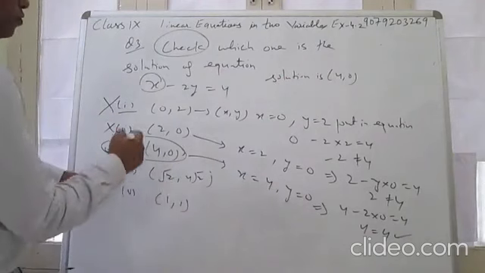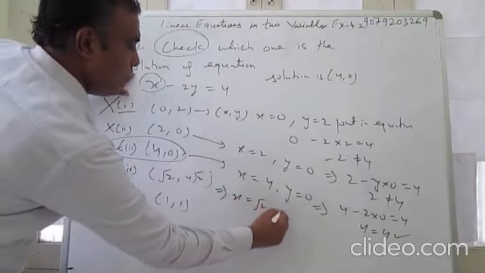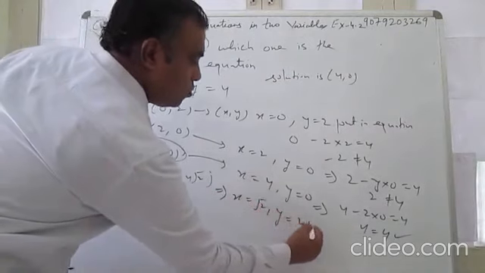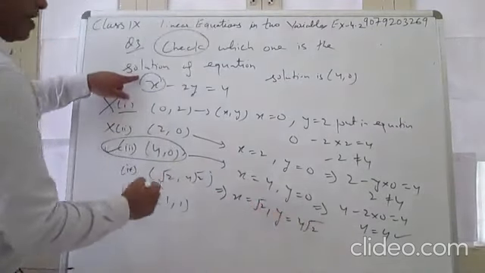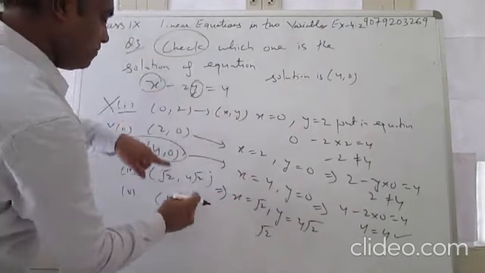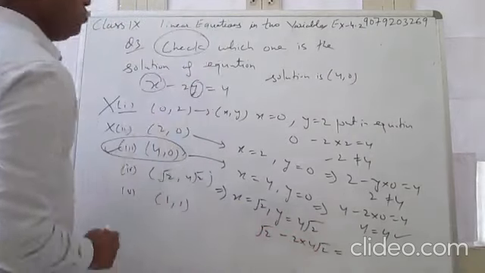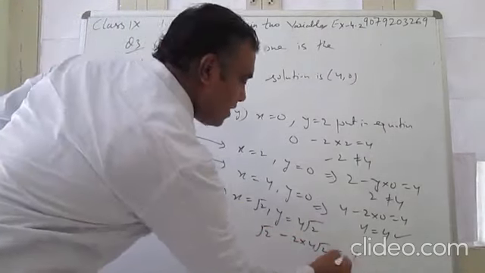Now check this. Root 2, 4 root 2. Here x is equal to root 2, y is equal to 4 root 2. Now instead of x you write root 2, instead of y you write 4 root 2: root 2 minus 2 into 4 root 2 is equal to 4.